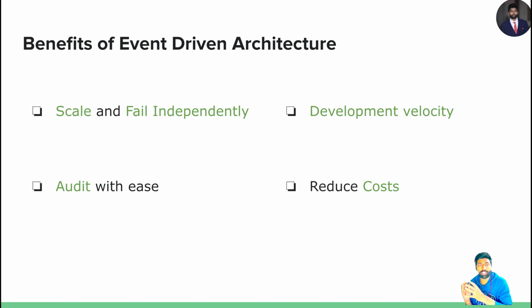There are various benefits of event-driven architecture. I have highlighted some of them here in this slide. So the first benefit is that in an event-driven architecture, systems can scale and fail independently. In event-driven architecture, we have decoupled services. So by decoupling those services, they are only aware of the event router.